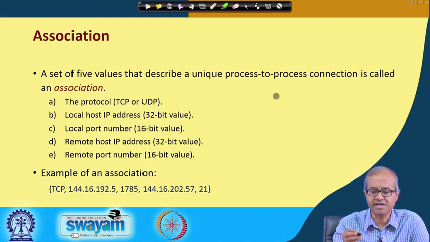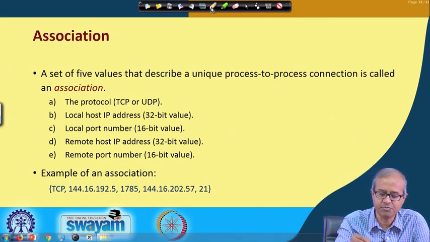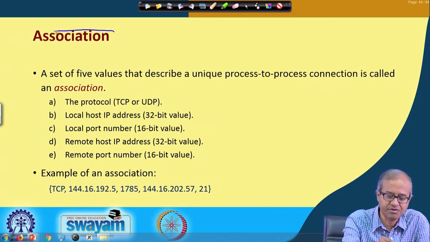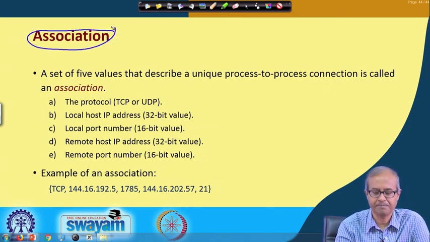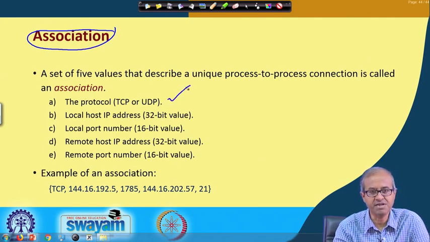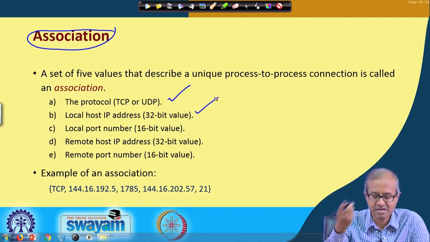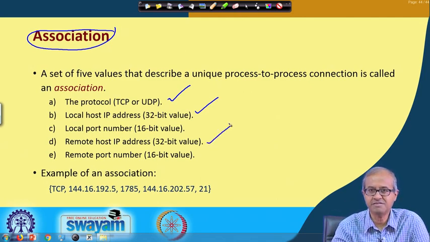This kind of information you are providing is sometimes referred to as an association. These 5 values are the protocol you are using, local IP address, remote IP address, local port number, which can be an ephemeral port number, and the remote port number.